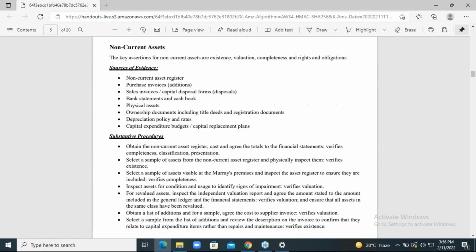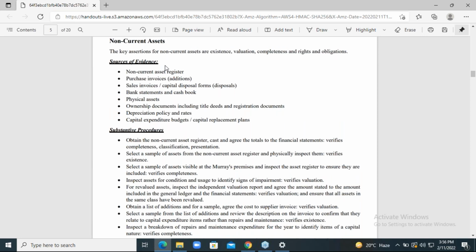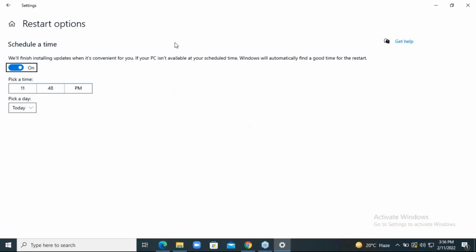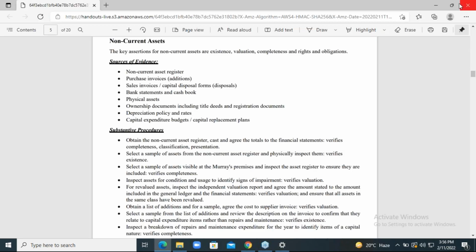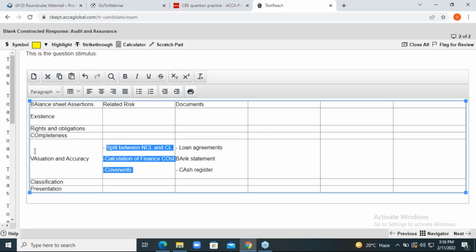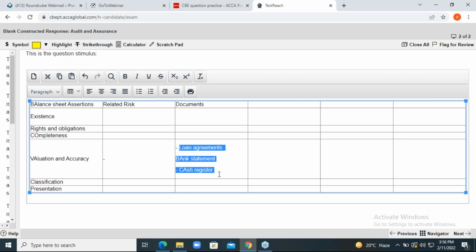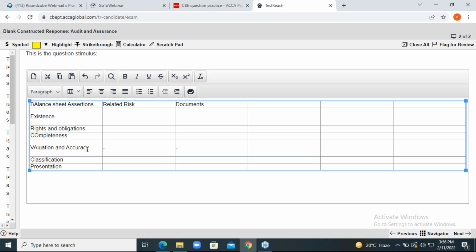Now let's move to the next head, non-current assets. Non-current assets have the same assertions, but they have different risks and different documents. So what was the risk for IAS 16 purchase?